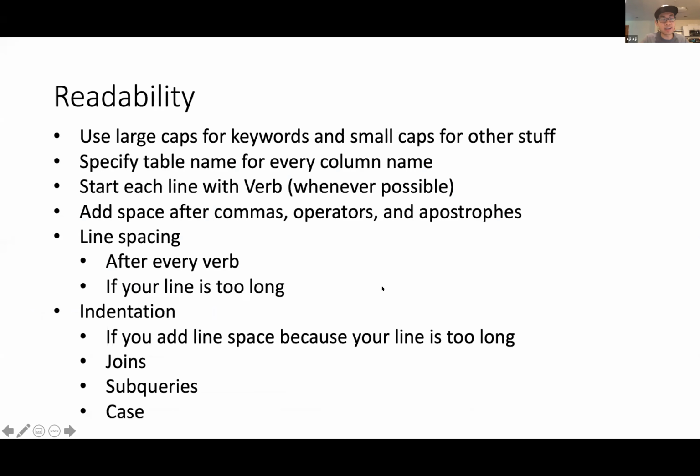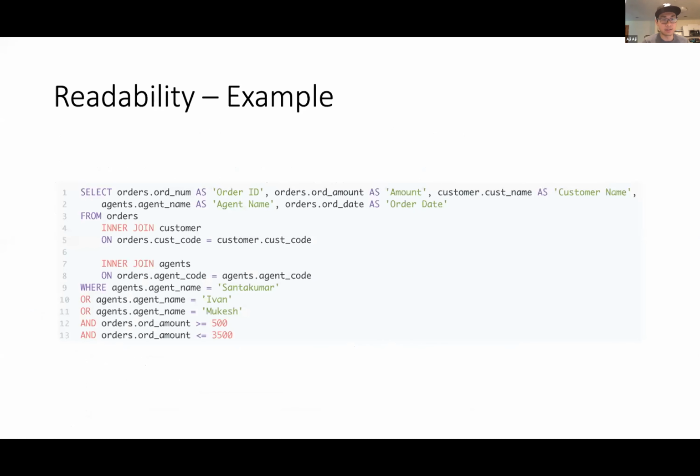And for subquery and case, usually people just use an indentation as well. So this is an example of the code using all of those rules that I mentioned before. So as you can see, this is the indentation after join and on, and so on.